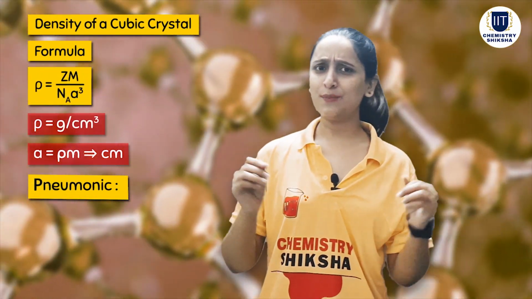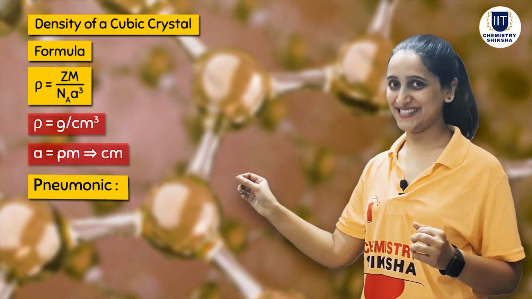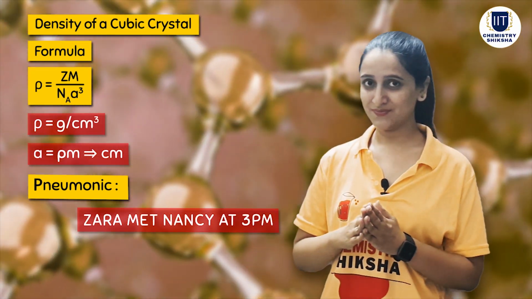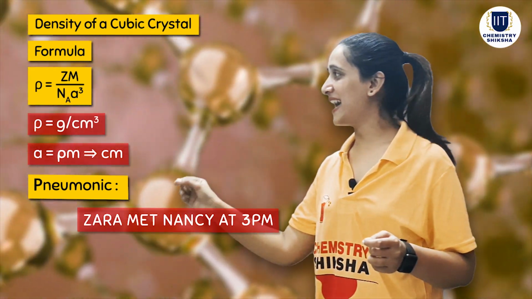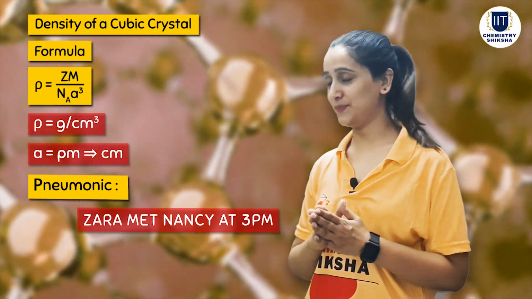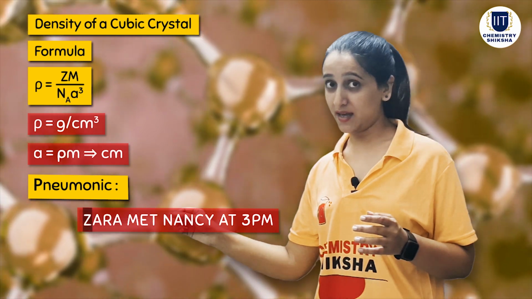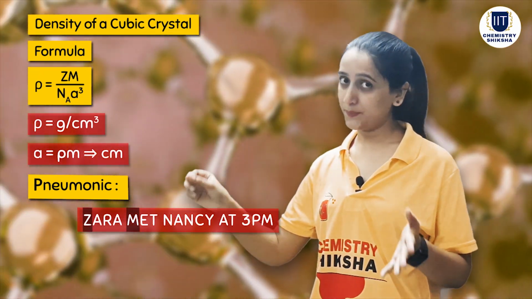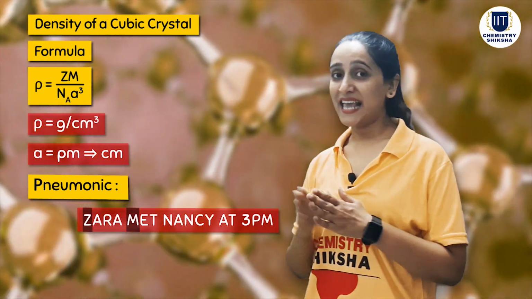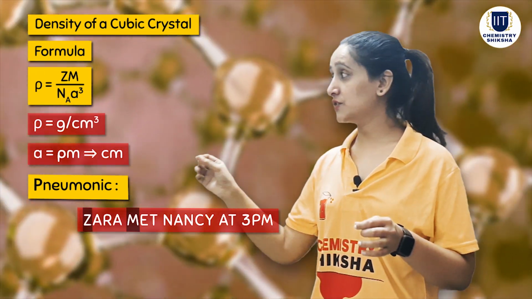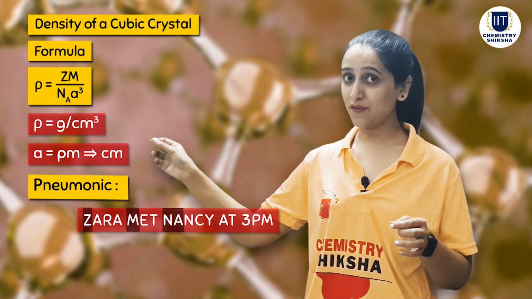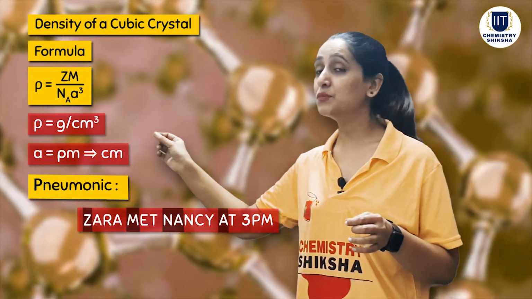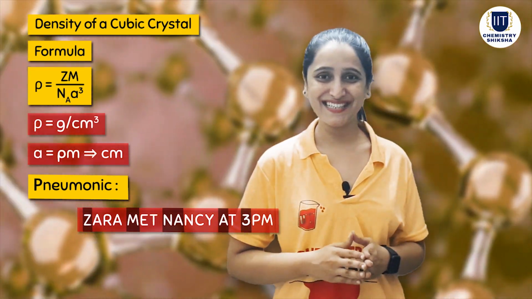So the mnemonic to remember this formula is Zara met Nancy at 3 p.m. I repeat, Zara met Nancy at 3 p.m. where Z is from Zara, M is from molecular mass, which is from met, Na, Avogadro's number, is from Nancy, a is from at, and this power 3 is from 3 p.m. Isn't it easy?